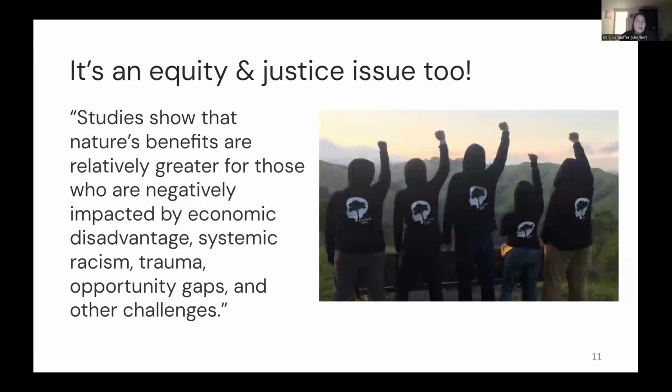So we can think of having access to green spaces as an opportunity to provide more equity to our students. That's definitely something that I really value and think is great to consider when you are finding ways to get your students outside and engaging in learning outdoors.